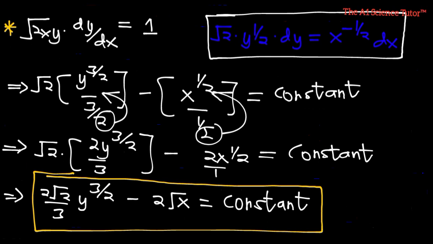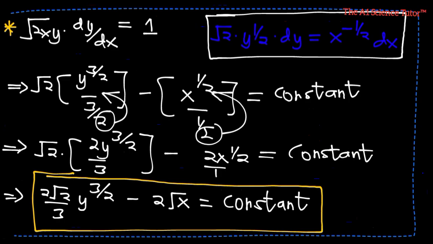Now we have some more. Let us try out some more. So let's say that you were given this. dy dx is equal to xy minus y.